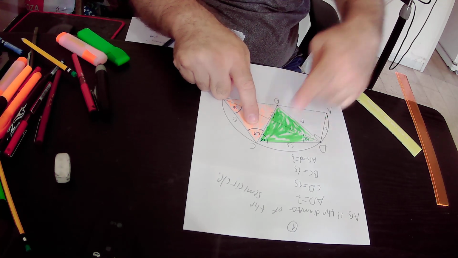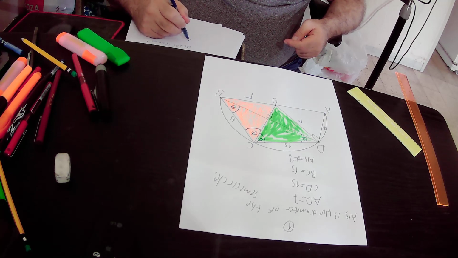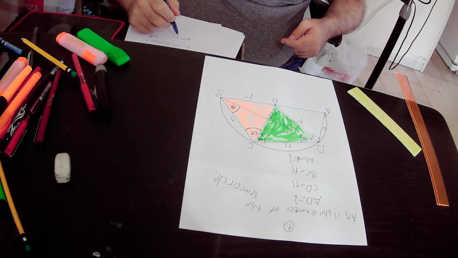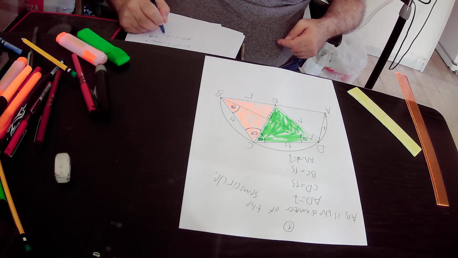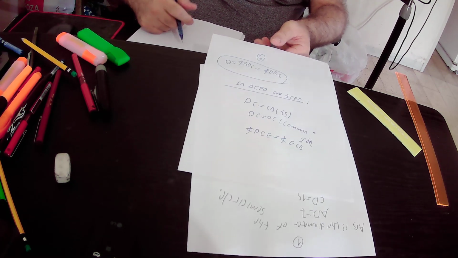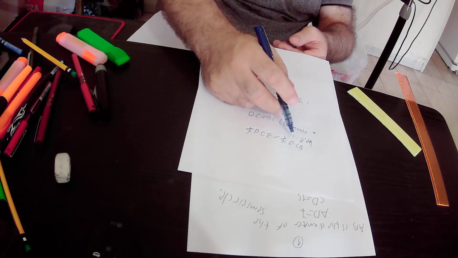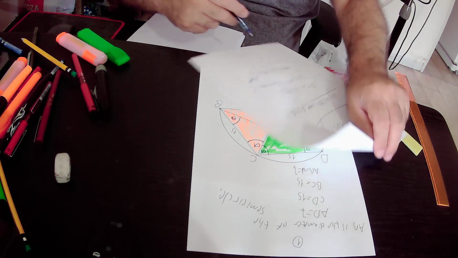This angle is also alpha. So angle DCE in the green triangle equals angle ECB in the orange triangle. Both those two angles are equal to alpha.